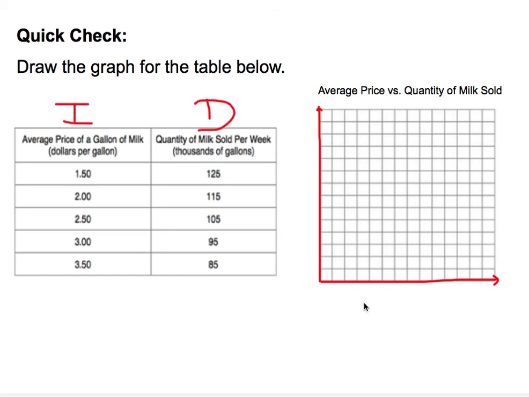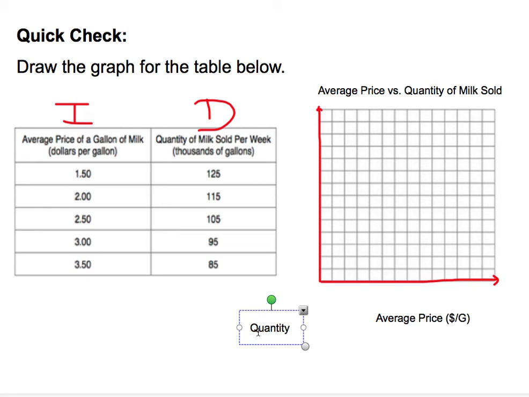Okay, so we're going to put the average price here, and we are going to put a dollar sign, because it's in dollars. Oh, per gallon, sorry, I need to put a per gallon there. And I'm just going to put quantity here.